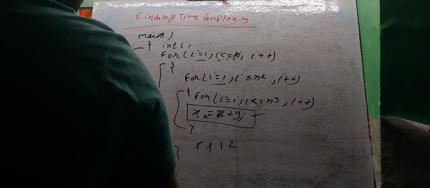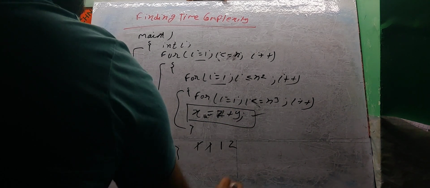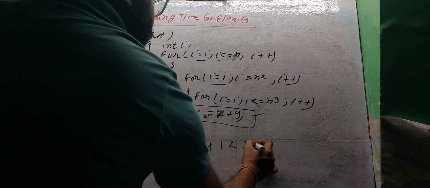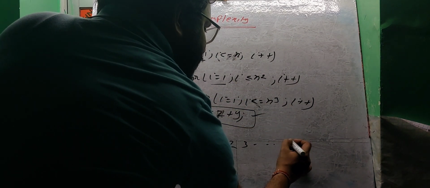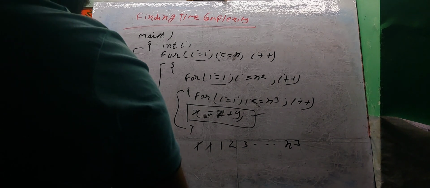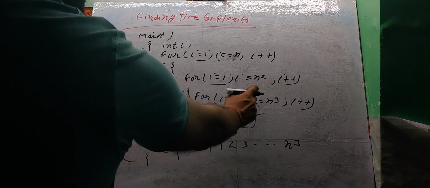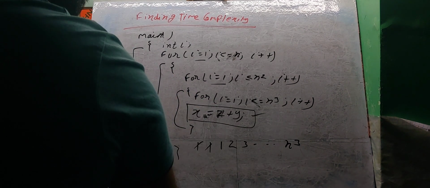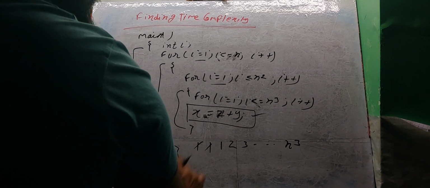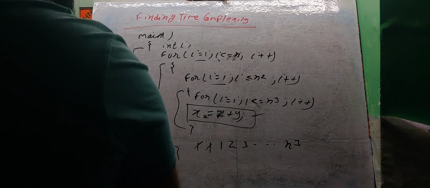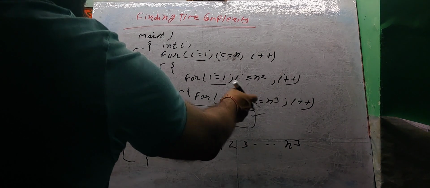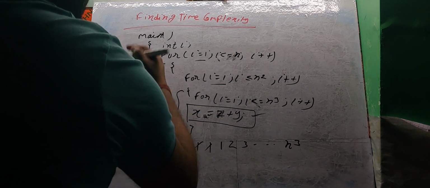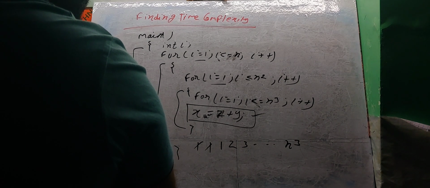Next time this statement will execute 3 times, and so on. This statement will be executed for n cube times. Now when I value is greater than or almost equal to n cube, this loop will terminate.